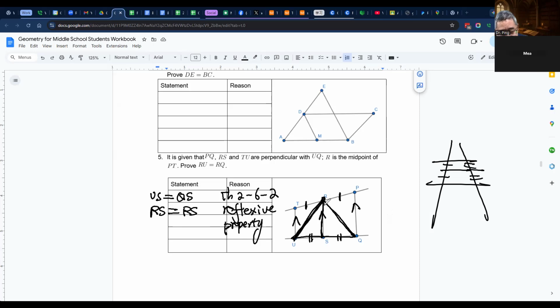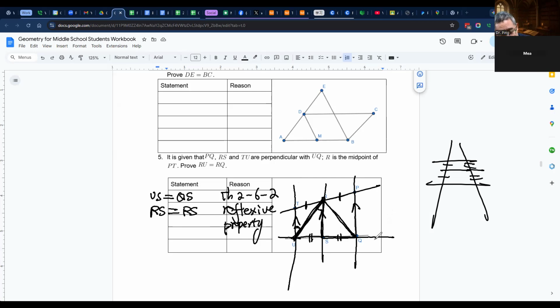Okay, so we know, because this is parallel to that, and we can extend this, that can help us. And so this side, and we have a line like this side. Okay, so we know this is congruent to that.